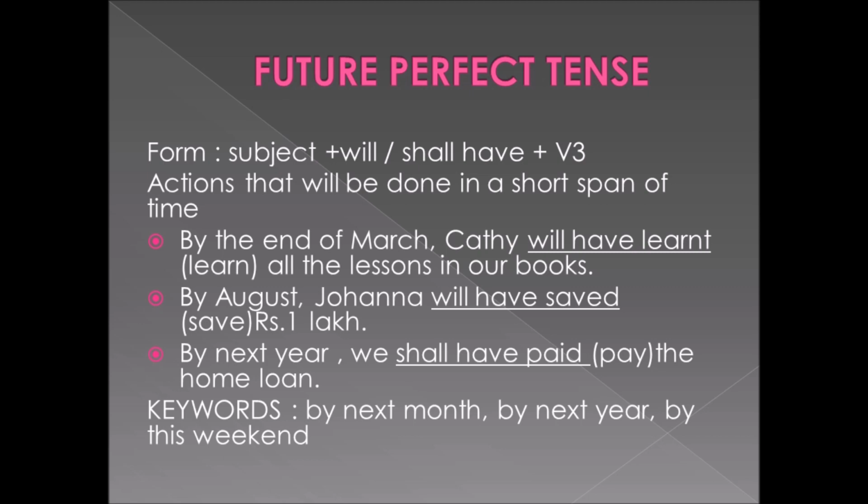So by the month of August, she will have saved, will plus have plus V3, save, saved, saved. By next year, we shall have paid the home loan. So shall plus have plus V3, pay, paid, paid. The keywords for future perfect tense are by next month, by next year, by this weekend.